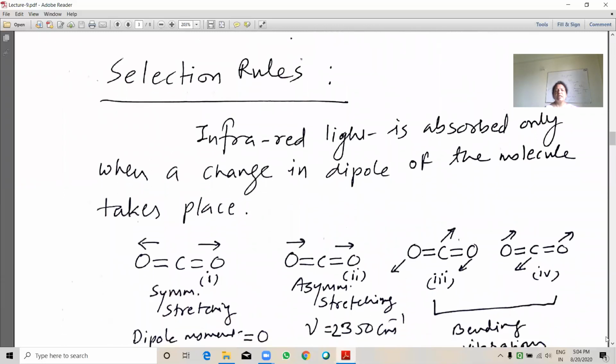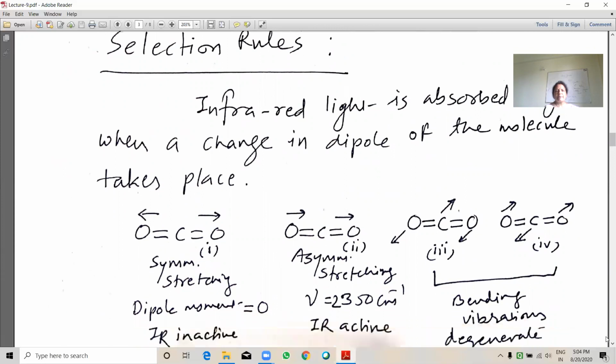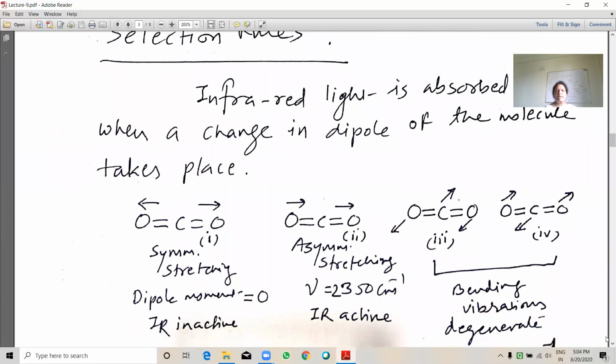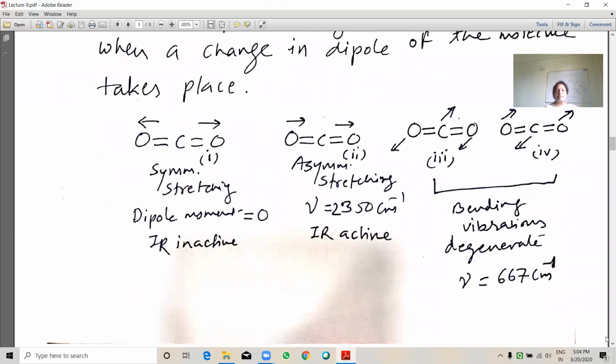Selection rule. Infrared light is absorbed only when a change in dipole of the molecule takes place. In carbon dioxide, symmetrical stretching has a dipole moment of 0, so it is IR inactive. Asymmetric stretching absorbs at 2350 inverse centimeter, it is IR active.